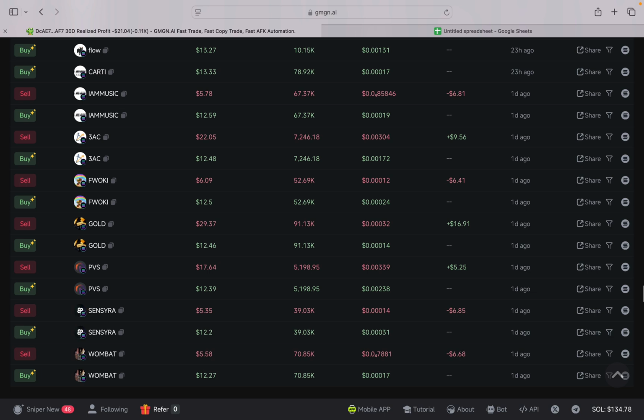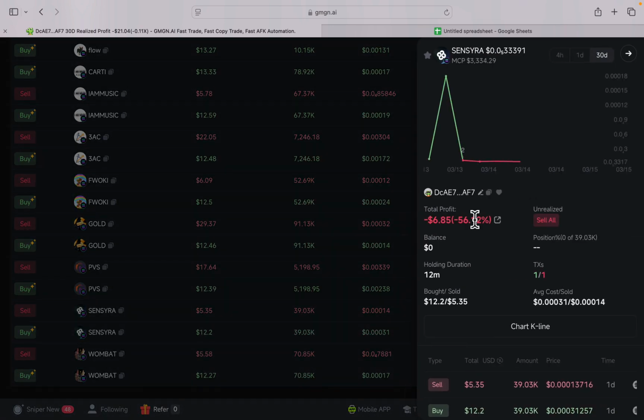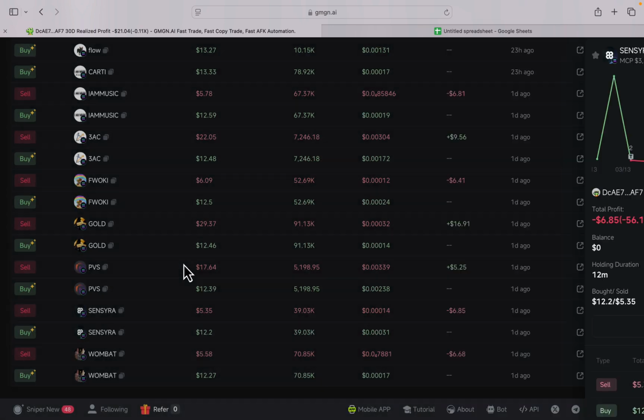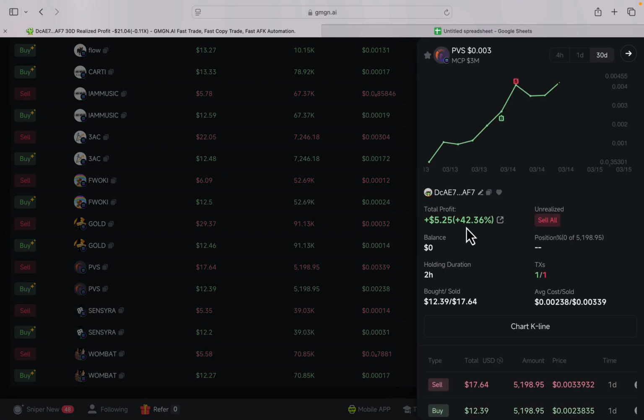I have to mention all buys and sells were automatic, and they were based on my take profit and stop loss levels. For the first 2 tokens I lost money. My stop loss hit, you can see something around minus 55% loss in both tokens. For the third one, I made 42% profit.